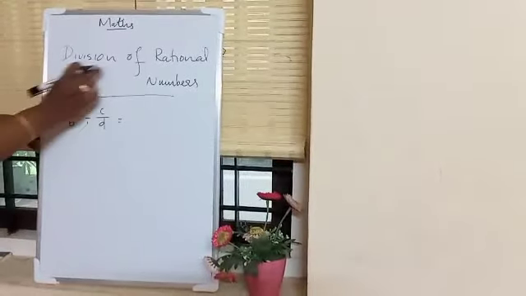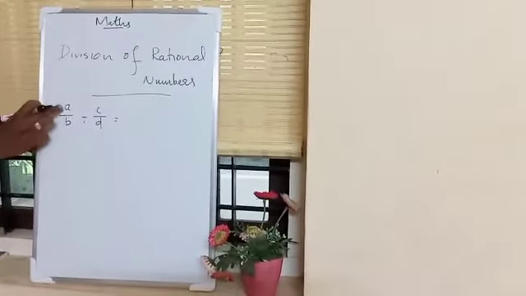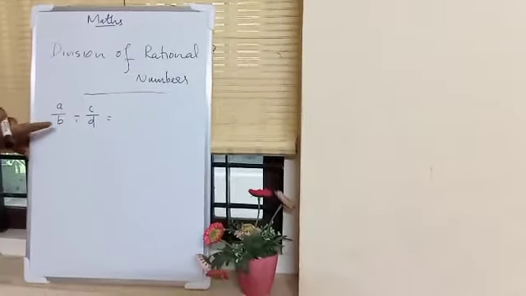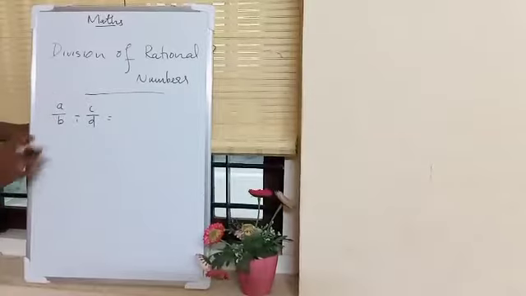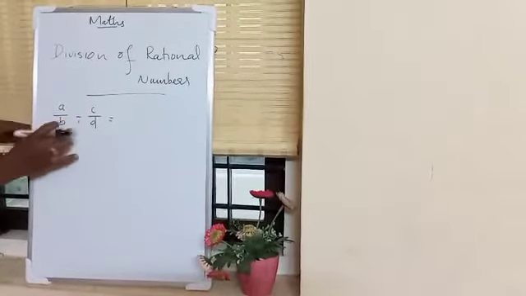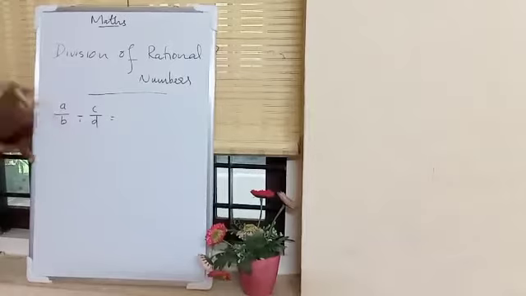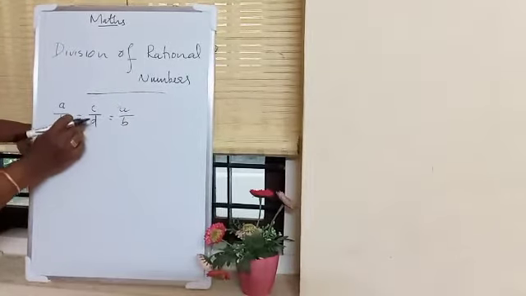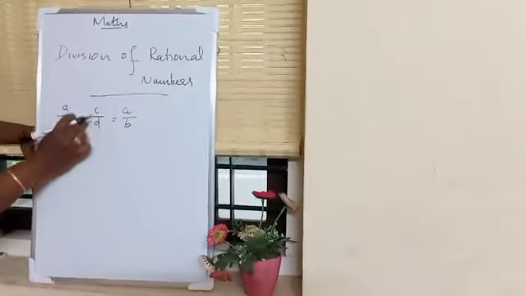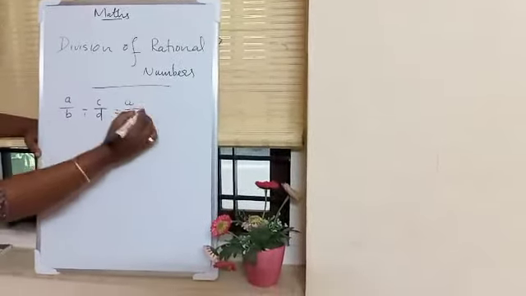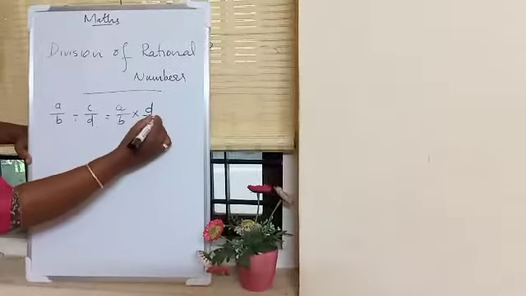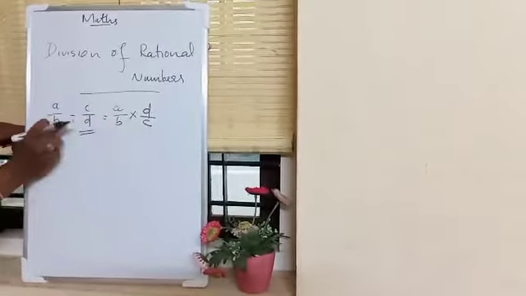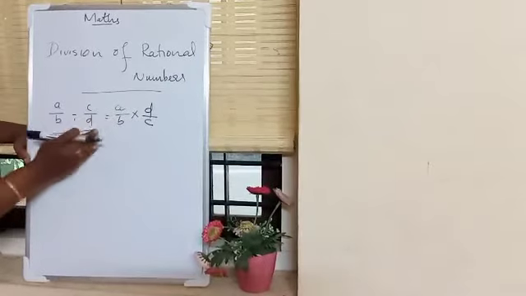Next, division of rational numbers. That is, a by b divided by c by d. In the previous session we already learned reciprocal, and here we need the reciprocal. Here a by b into the reciprocal of c by d: we find the reciprocal of c by d, that is d by c, and then this division changes to multiplication.